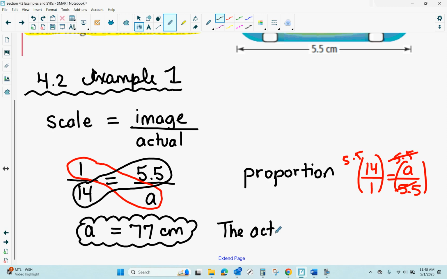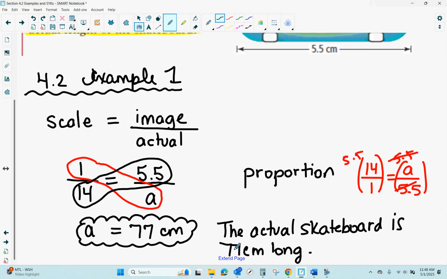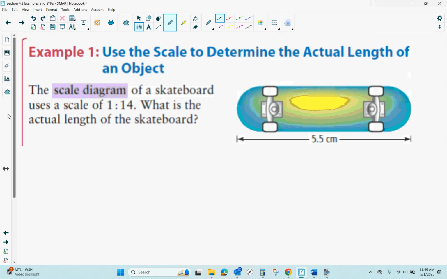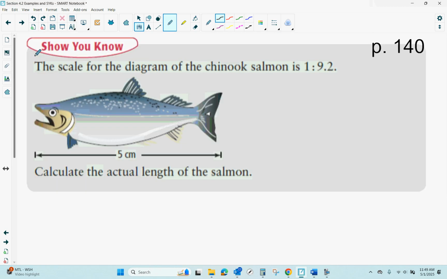The actual skateboard is 77 centimeters long. Sorry, that is messy. Okay, pause the video now and try the show you know. It's the very same thing.